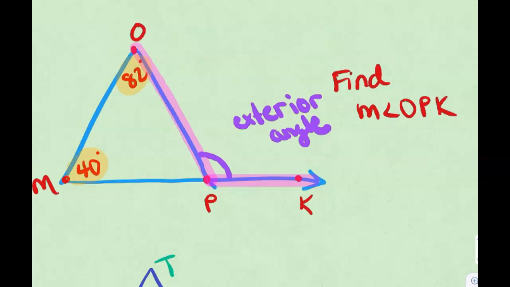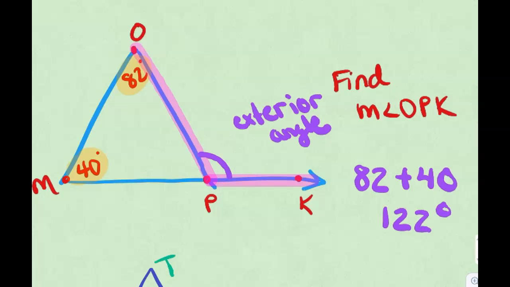So for this problem, all we are going to have to do is set up an addition problem of 82 plus 40 to get the measure of our exterior angle. So for this problem, we should get 122 degrees.